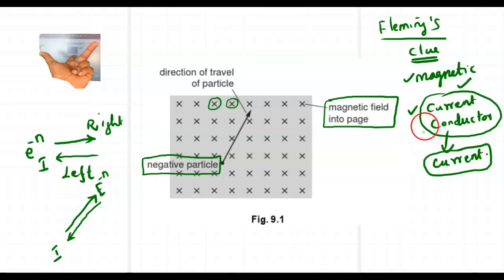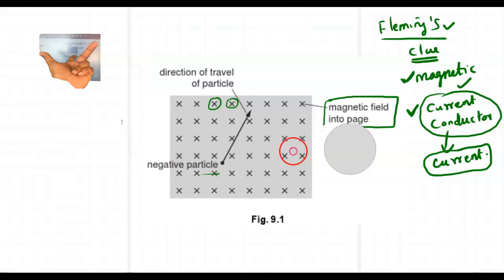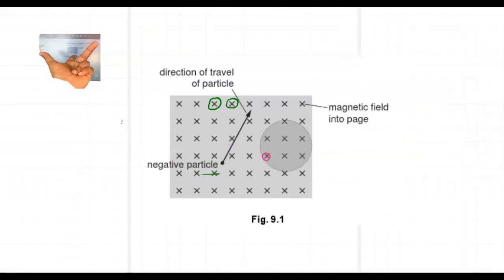So now we have two rules satisfied. One is magnetic field lines are here and current is here, so we can use Fleming's left hand rule. Okay, now how are we going to apply it and what is the concept here?